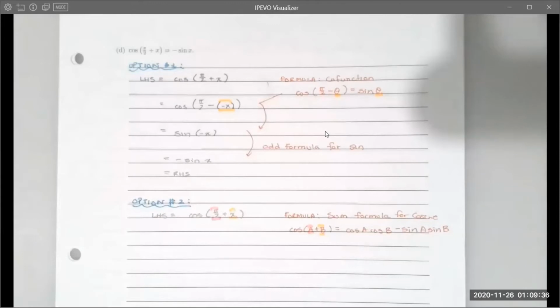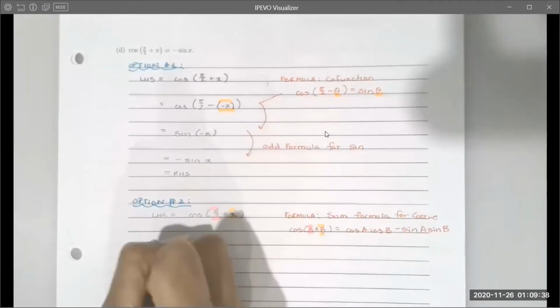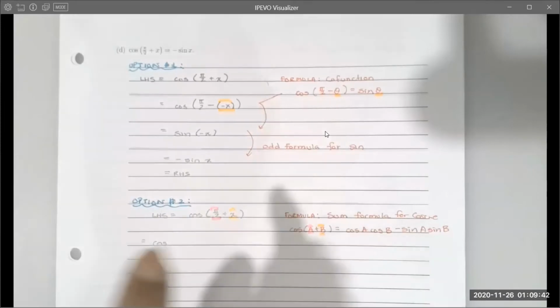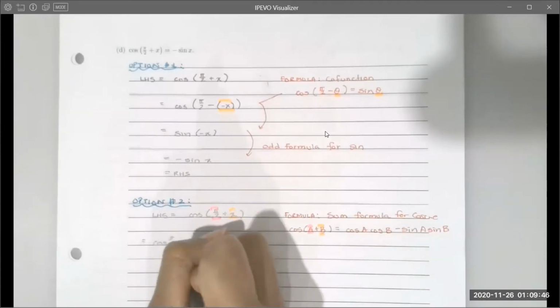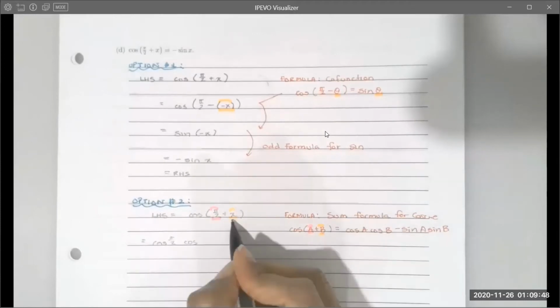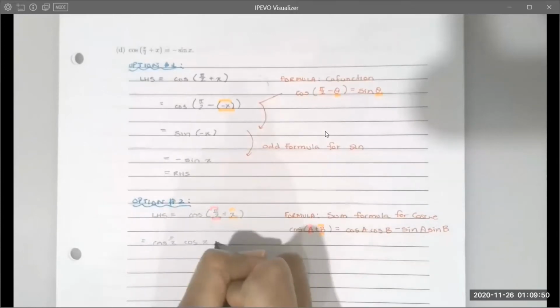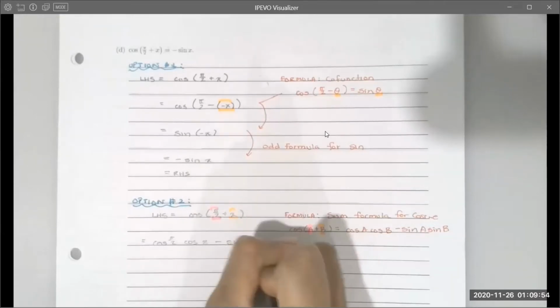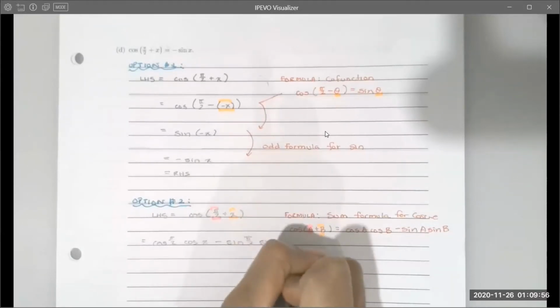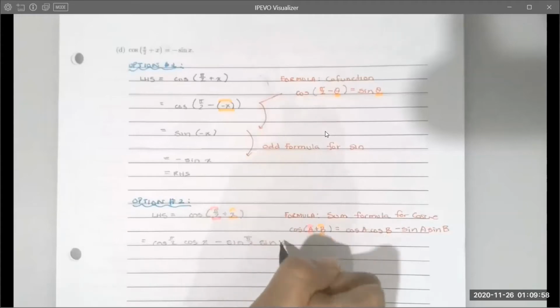So if we apply it, we end up with cosine of A, which is pi over 2, times cosine of B, the second angle, which in our case is x, minus sine of the first angle, again pi over 2, times sine of the second angle, which is x.